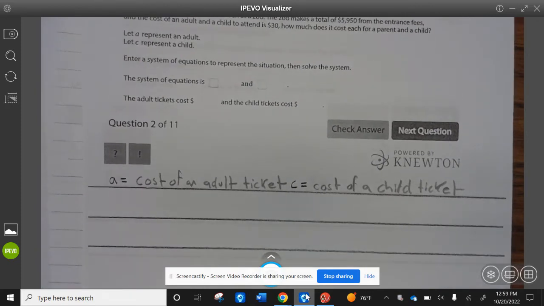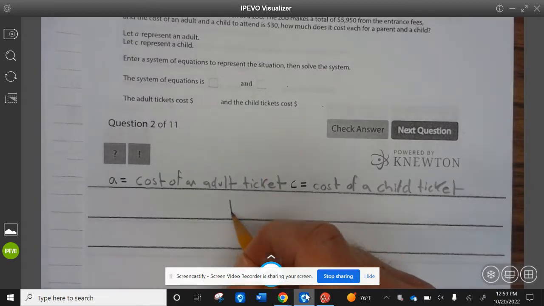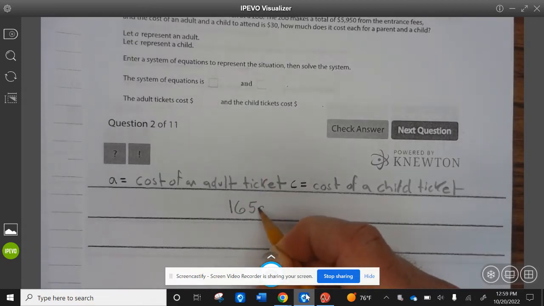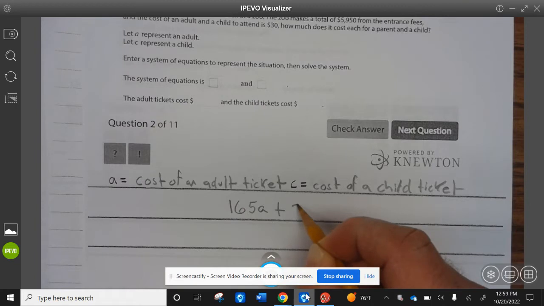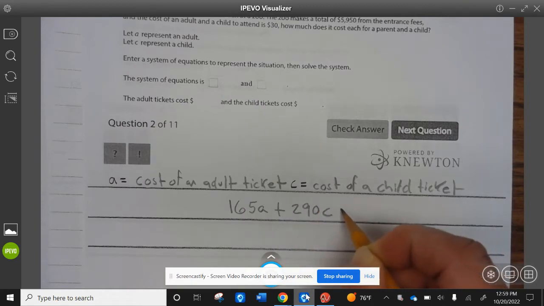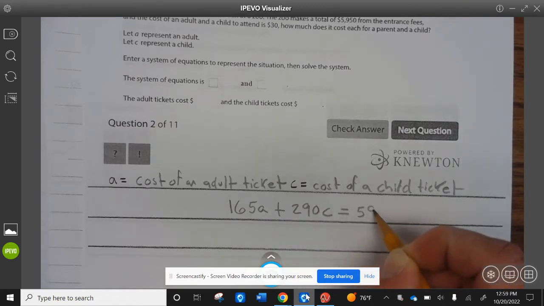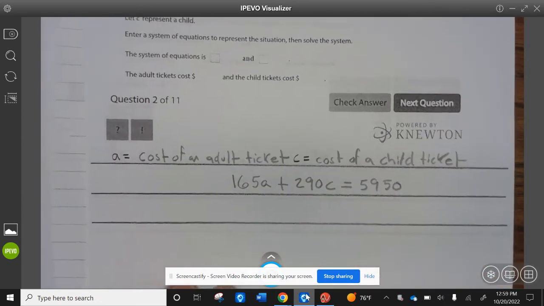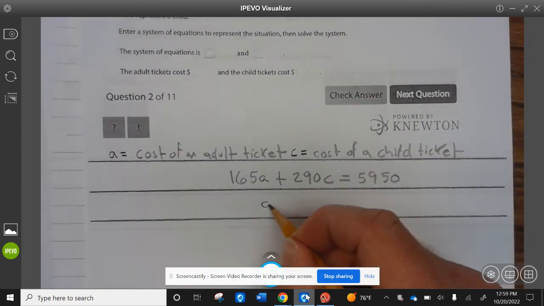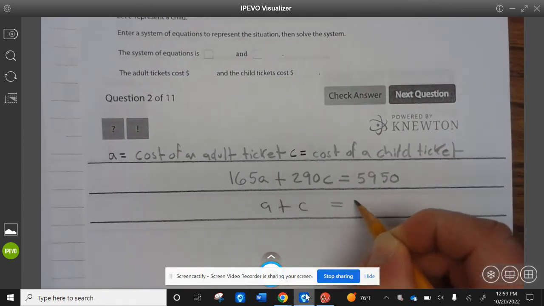All right. So that's 165A plus 290C equals 5,950. And then we know that A plus C equals 30.